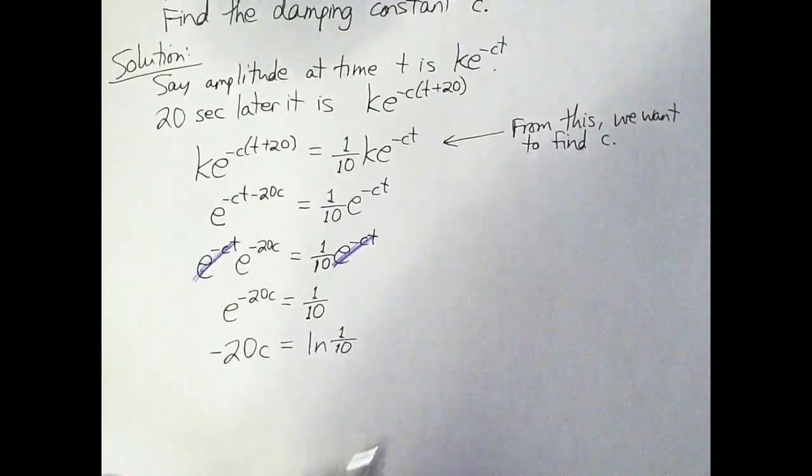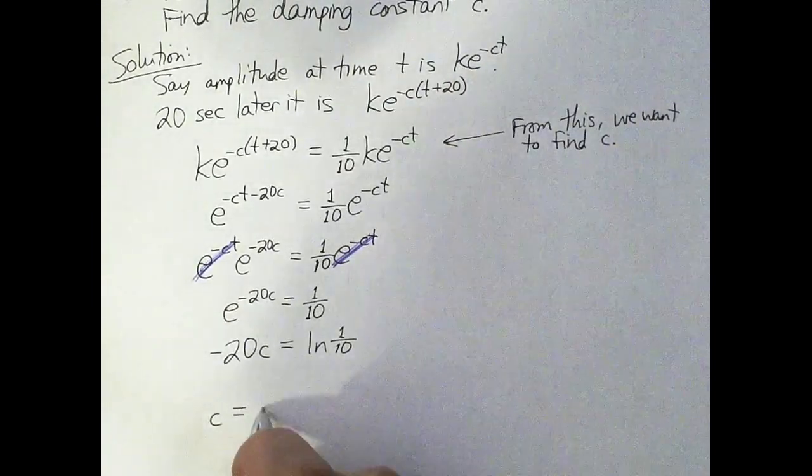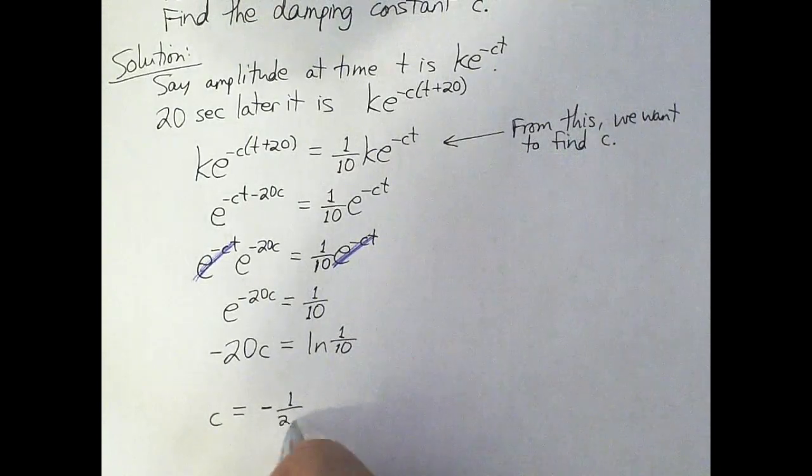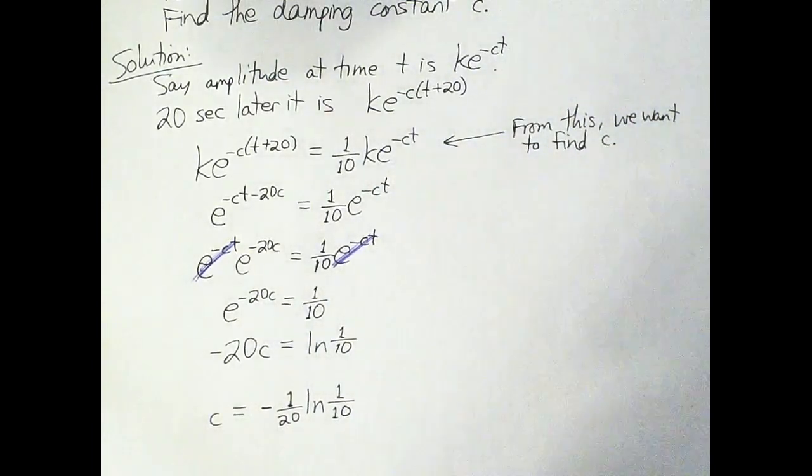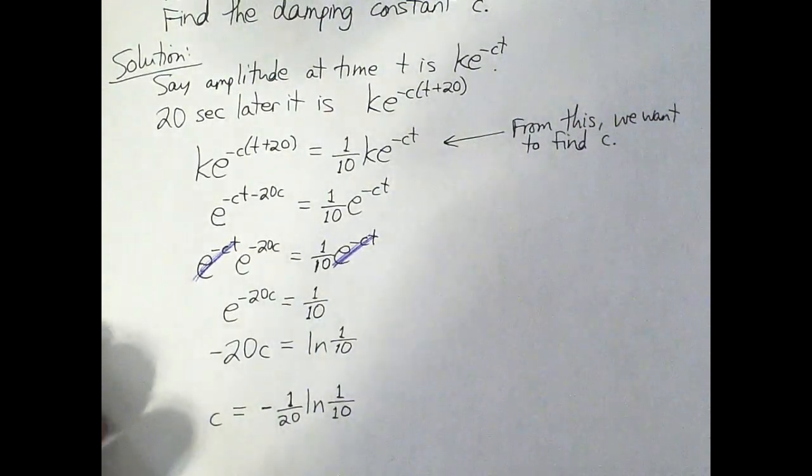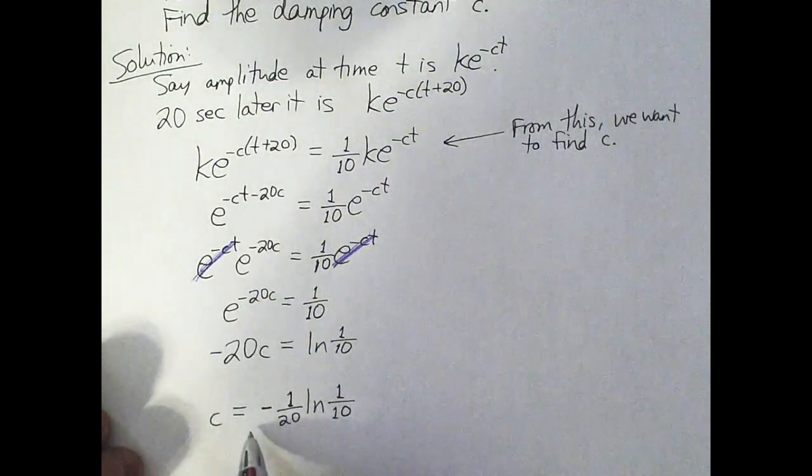So we could say that c equals negative 1 over 20 ln 1/10. Should we leave it like that? Yeah, I think it's okay to leave it like that.